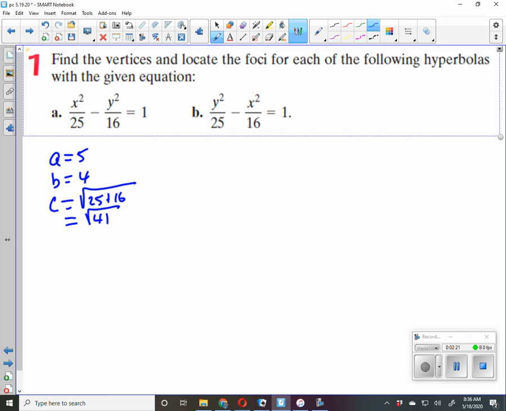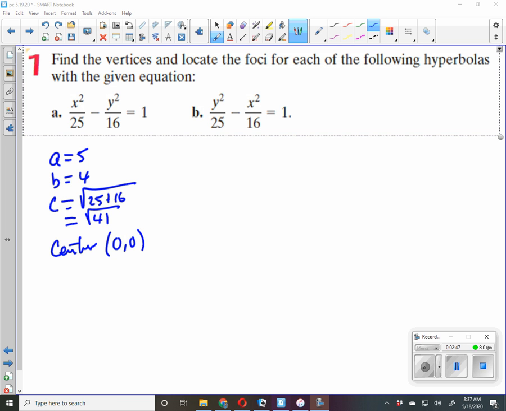All right, we know that the center is at 0, 0 because there is no h and k. We then know that the vertices of these are going to be, we're going to add the 5 to 0, 0.